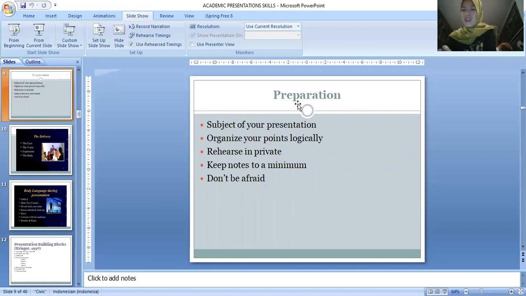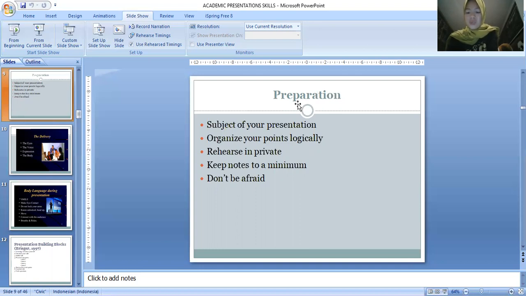Preparation. This is the other important thing. Preparation is the single most important part of making a successful presentation, I guess. It is an absolutely crucial foundation, and you should dedicate as much time to it as possible, avoiding shortcuts.